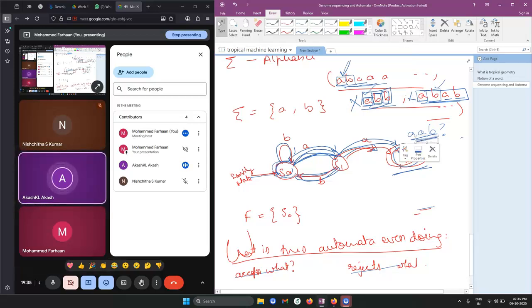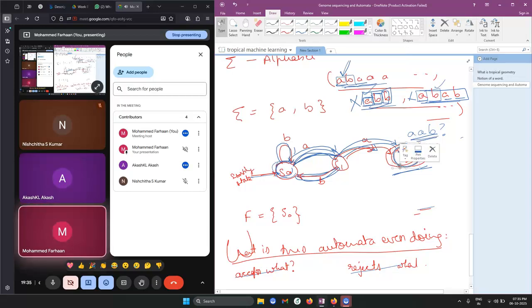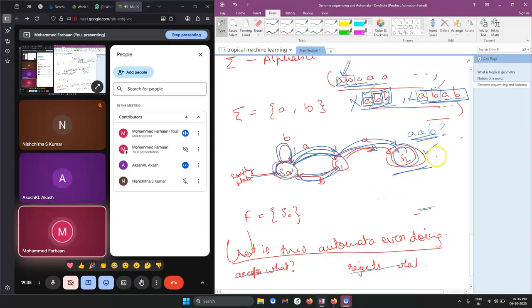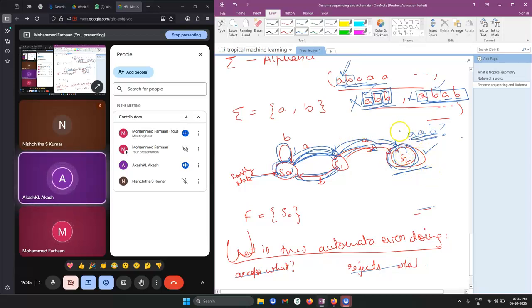No, AAB is not an actual state here. What do you mean it's not an actual state? I've set S2 as my accept state. So when I go A, A twice like this, I reach the accept state.